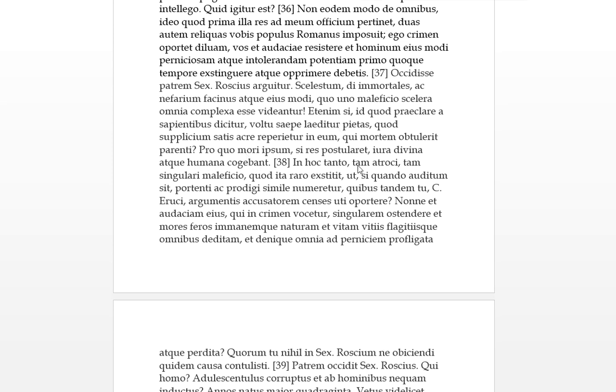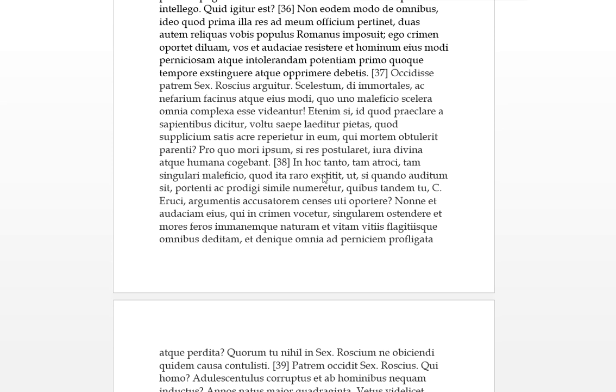38. In hoc tanto and tam. Tam is so atrocious here, so, and so much and so atrocious. Tanto, we can just ignore that. And tam singulari maleficio. So it's so atrocious, so singularly evil.